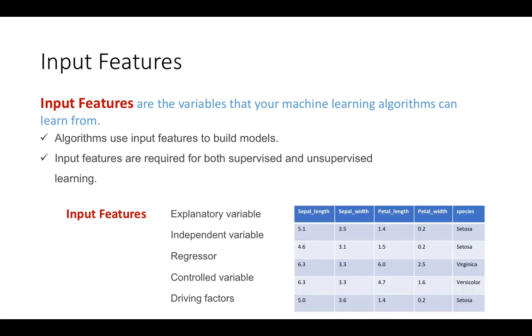In this example, the input features are the characteristics of the flowers, represented by the length and width of petal and sepal. Based on that, we are determining the species of that particular flower. That is actually our target variable. So that is the input feature. Hope you got clarity with this.